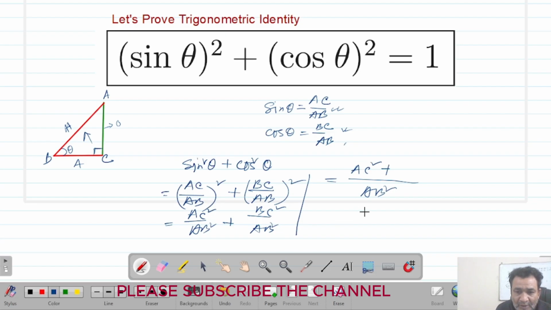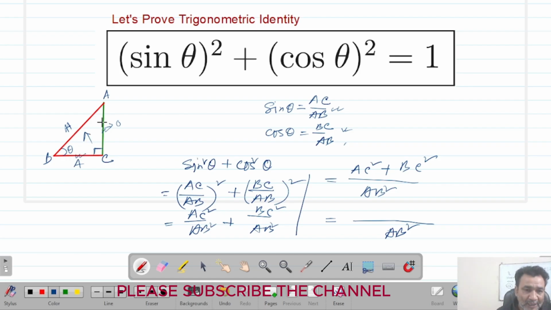Plus, if we divide AB square by AB square, then we get 1, and 1 multiplied by BC square, we get BC square. So we can write it like AB square as denominator and AC square plus BC square as numerator, where AC square means this side, and BC square means this side.